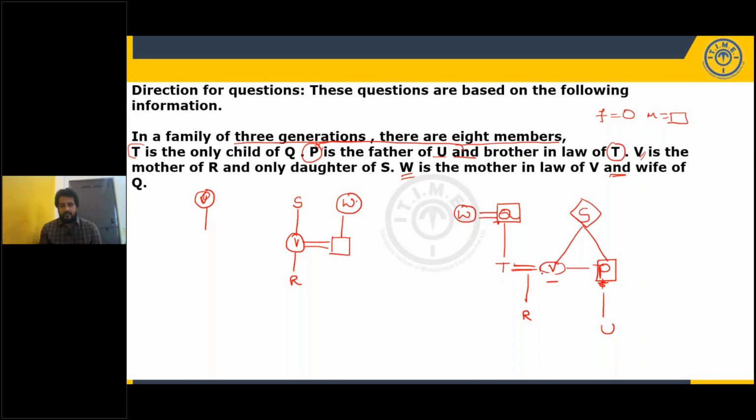So V is female and T is male. But we don't know the gender of R and we don't know the gender of U. These genders are not known, and based on that we have questions. Okay. Here we are not giving the questions, but the final arrangement is this one.